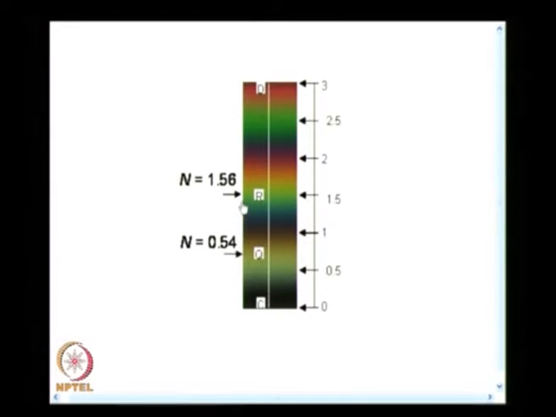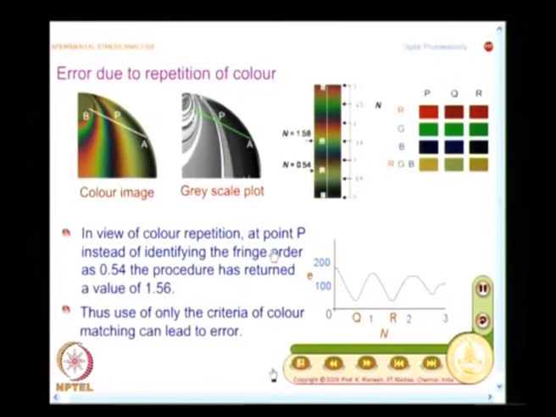Instead, it has identified a repetition in color and identified the fringe order as 1.56. So, there is a sudden jump because I have difficulty in the color code matching, because you find in this zone there could be a repetition of color at certain locations. So, this is a source of error and this needs to be corrected.